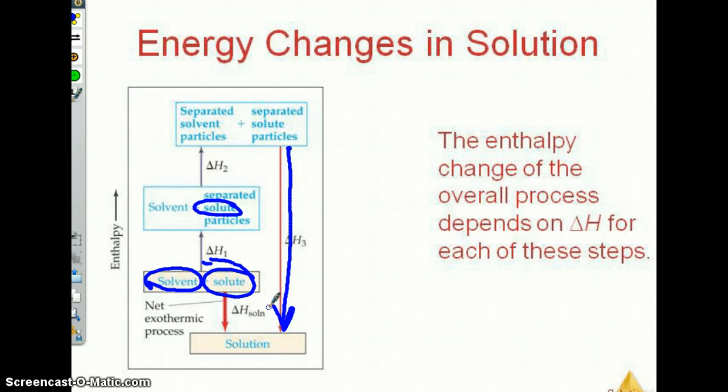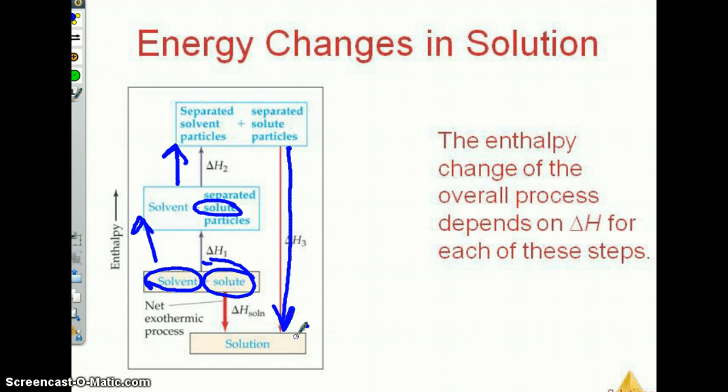And so when we add all of those together, obviously, if energy is going into this happening, then delta H would be what? Positive or negative number? Positive, right? If energy's going into it, it's endothermic, okay? This delta H is going to be also positive, okay, because energy is going into it. And then this delta H is going to be negative, okay?